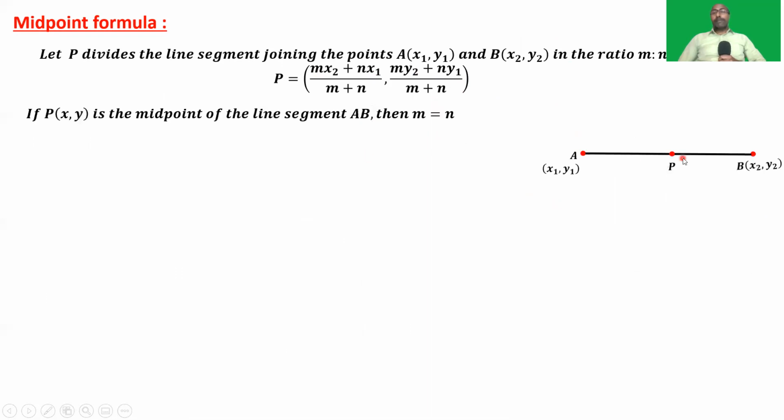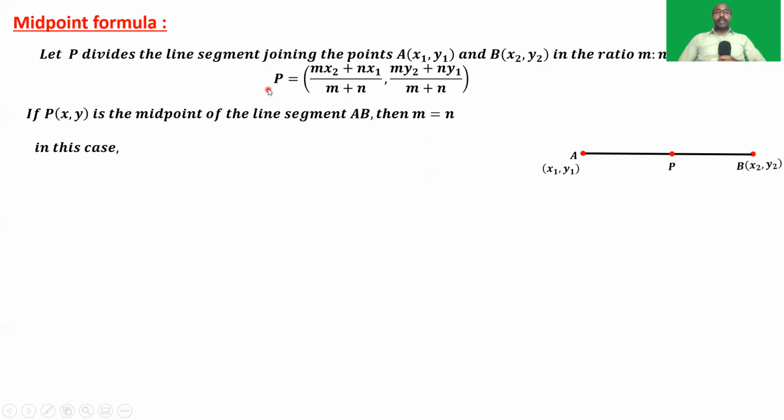If P is midpoint, then AP by PB is equal to 1. Then m by n is equal to 1. From that we can write m is equal to n. If P is midpoint of AB, then m is equal to n.